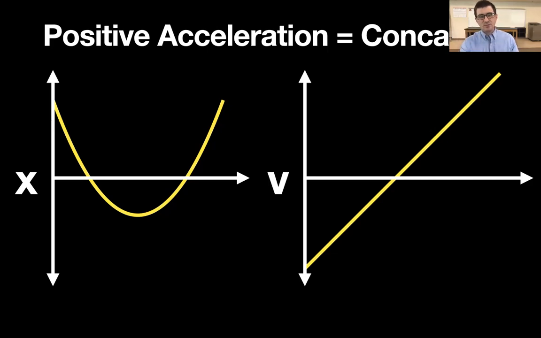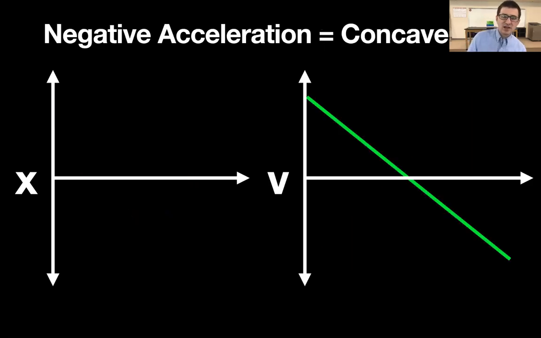So you can remember this because positive acceleration, positive people tend to smile more. So if you have a positive acceleration, it's going to be true that your velocity is going to be increasing, whether that means getting closer to zero in the negatives or more and more positive in the positive. But you're going to get a graph shape that looks like this big smiley face, which is concave up.